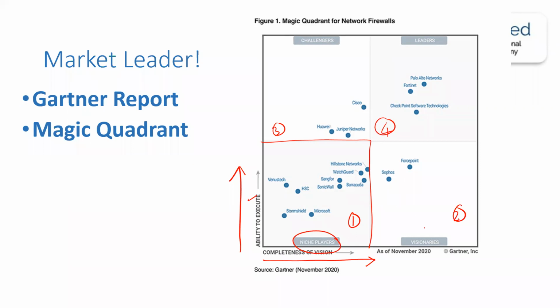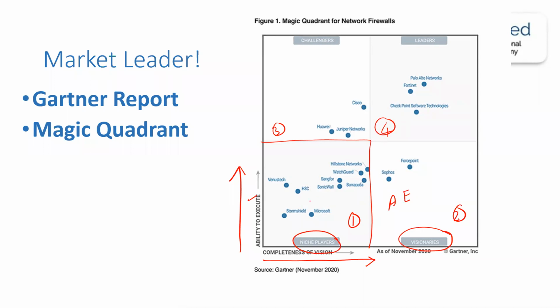Okay, then you have something which is called the visionaries. Visionaries are Sophos and Forcepoint. Basically, when we say visionary, what Gartner is trying to say is that their plan of action or their target or goal for the next 10-20 years is great, absolutely fine. But when it comes to the ability to execute, that is not really up to the mark.